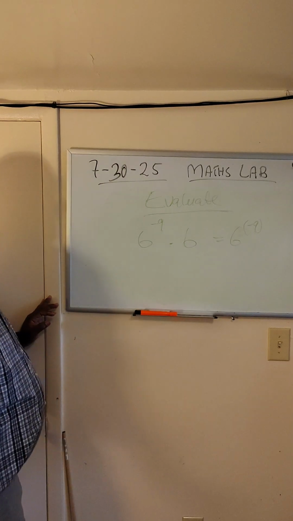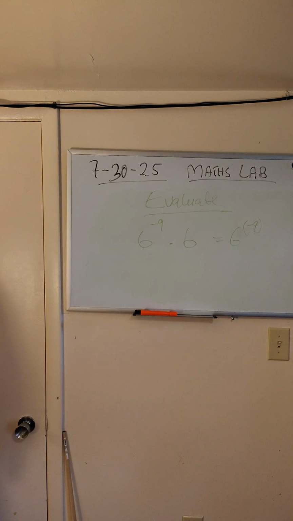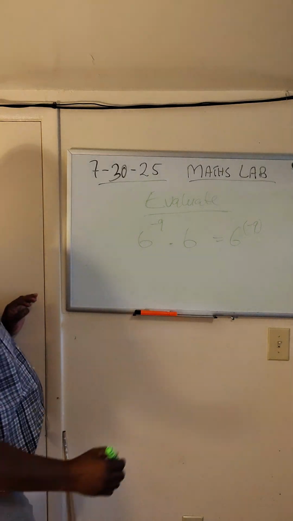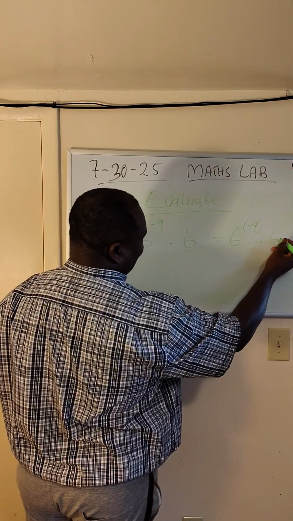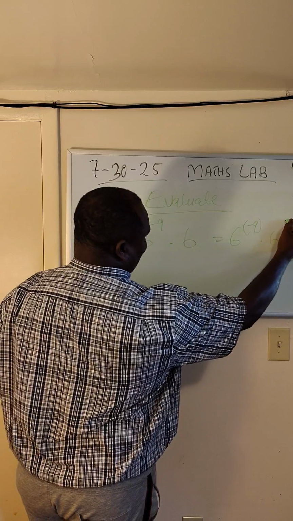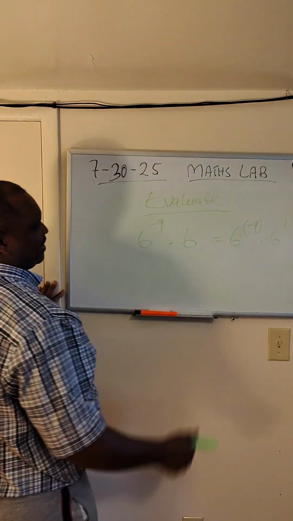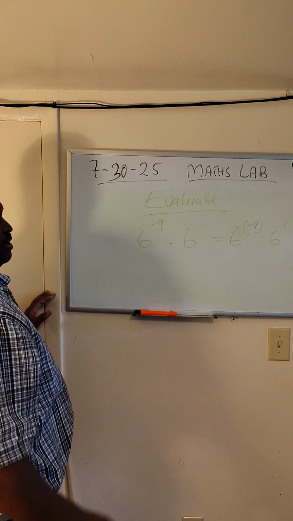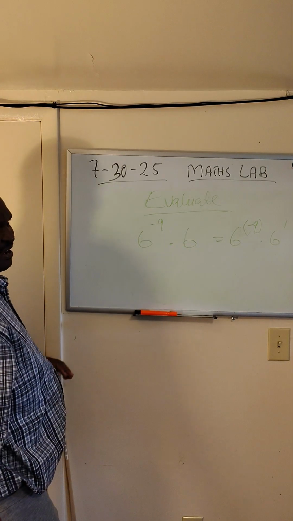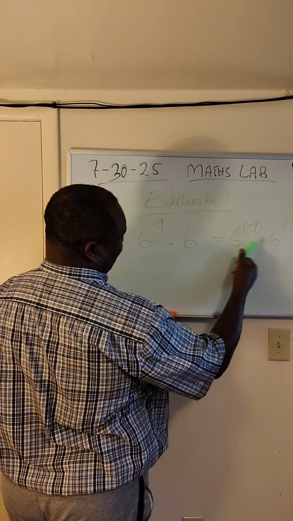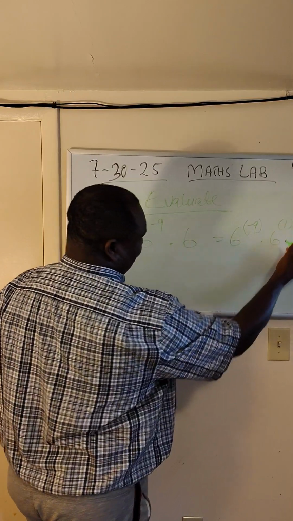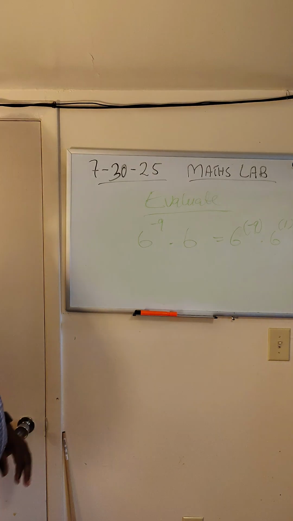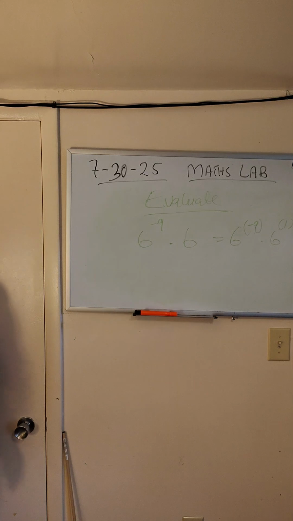We put that in bracket, and then we also multiply by this 6 right here. There's always a 1 there because it's hidden. So 6 is appearing one time, and we multiply it by 1.